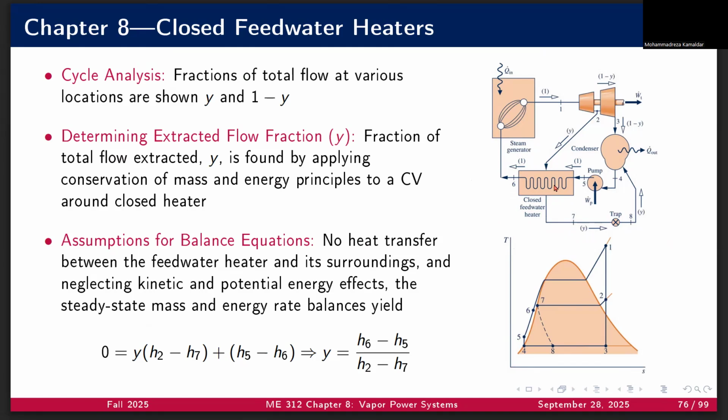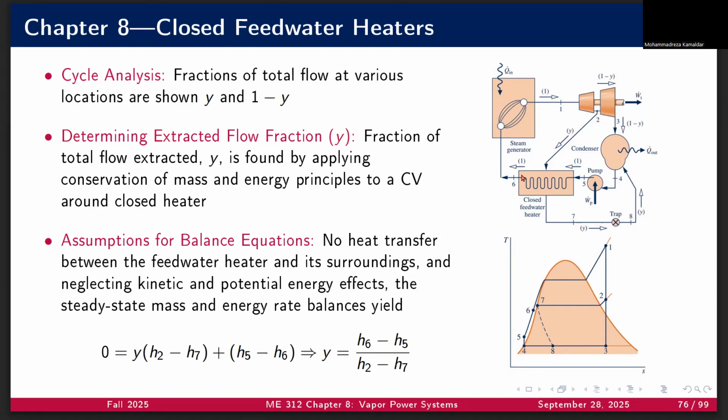And we also neglect the kinetic and potential energy effects. So under these assumptions, the steady state energy rate balance simplifies to basically m dot multiplied by enthalpy at the inlets is equal to m dot multiplied by enthalpy at the outlets, right?